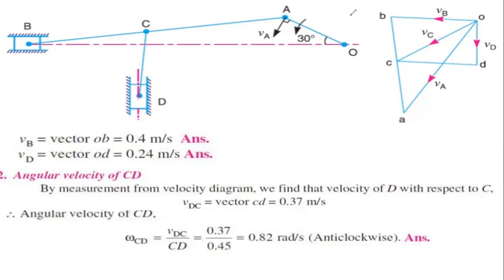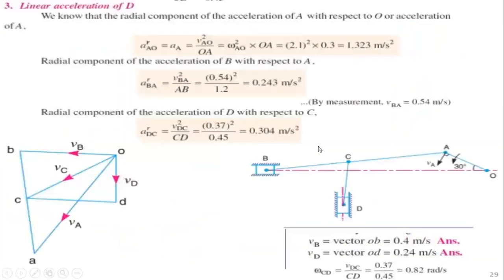So we have found the angular velocity of the CD link. Next we need to find the linear acceleration of the position D.